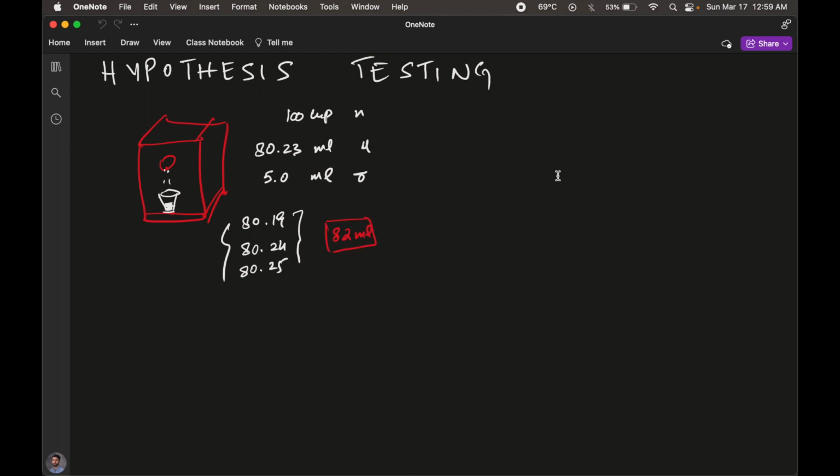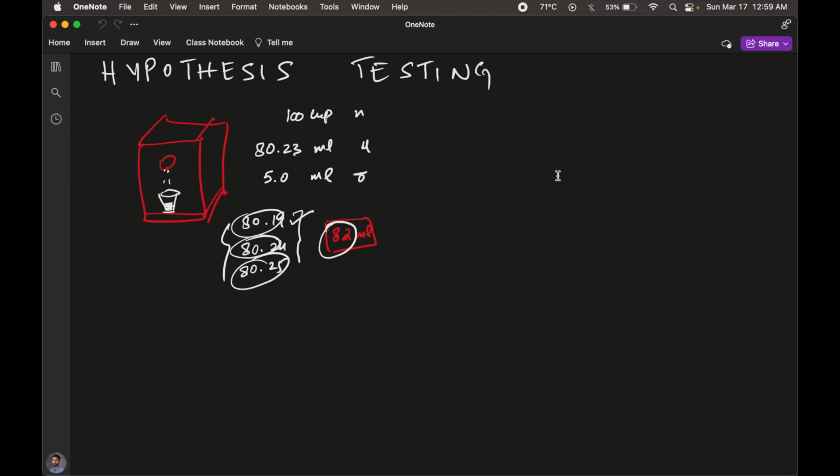But remember, we are calculating means, we are calculating sample means. So this is a sample mean for 100 cups. 80.19, 80.24 is another sample mean for another 100 cups. 80.25 is a sample mean for another 100 cups. So 82 that I came across is a sample mean for another 100 cups.